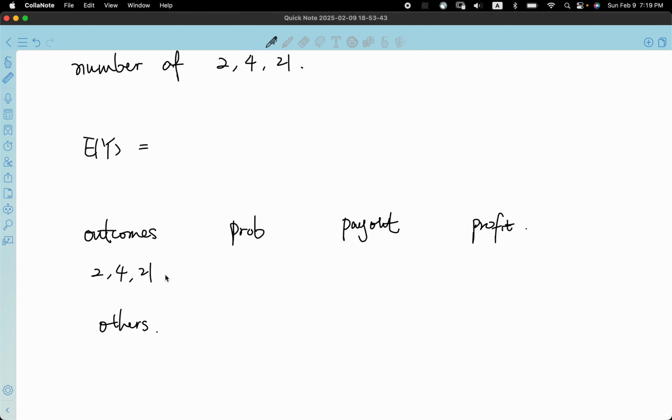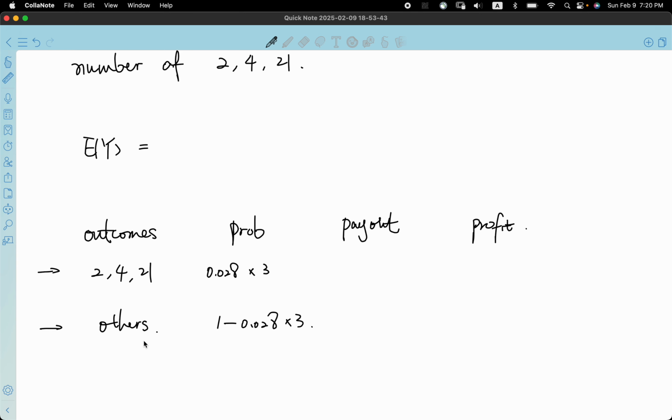The probability for landing on these three numbers, each of them has a 0.028, and we have three of them. So that's the probability for this possible outcome. And the other possible outcome is just 1 minus 0.028 multiplied by 3. That's the remaining numbers.